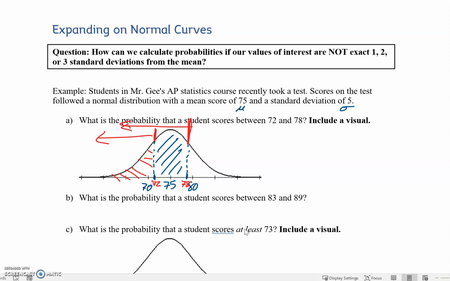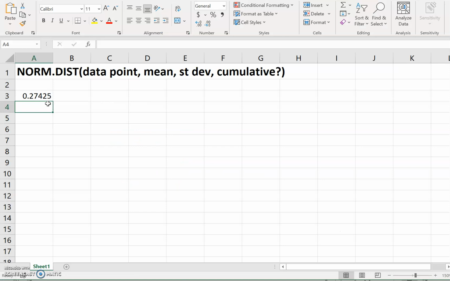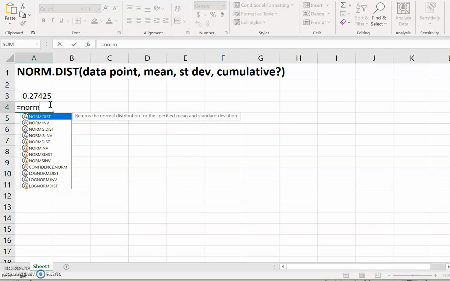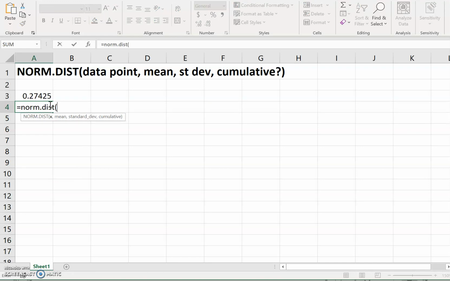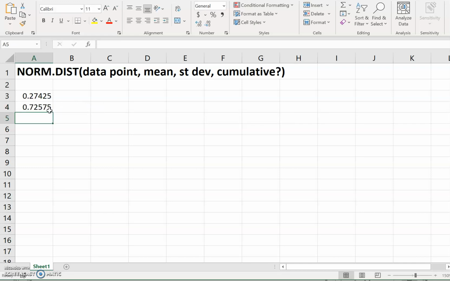So let's go back over and say, okay, I can do, again, norm dist, and then our data point now is 78. The mean still 75, standard deviation still 5, and we still want a cumulative value here. So this is everything to the left or below a score of 78.